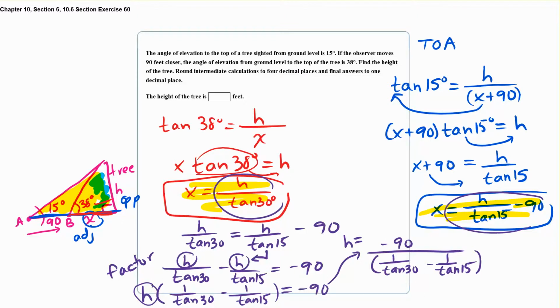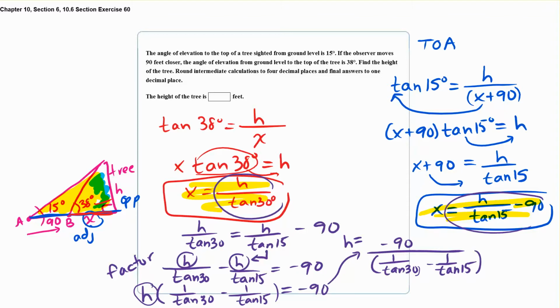So at this point you can actually start to type this in the calculator. So I would start with the denominator, and let's type in 1 divided by tangent 38. Make sure you close your parentheses if you're going to keep going. So 1 divided by tangent 38 minus, now we're on the next one, 1 divided by tangent of 15, and then press equals.